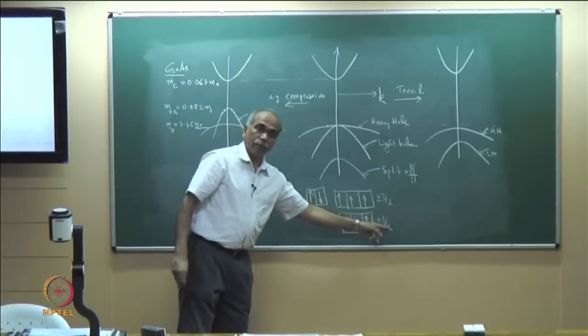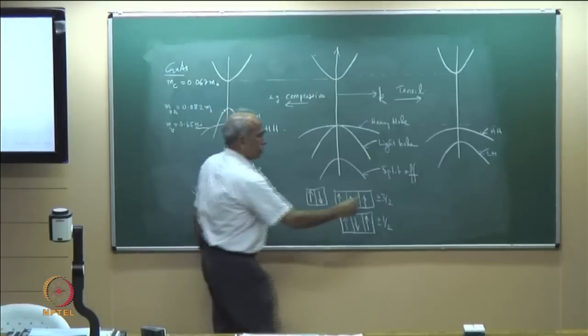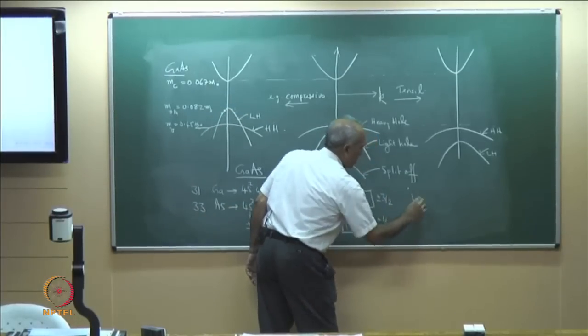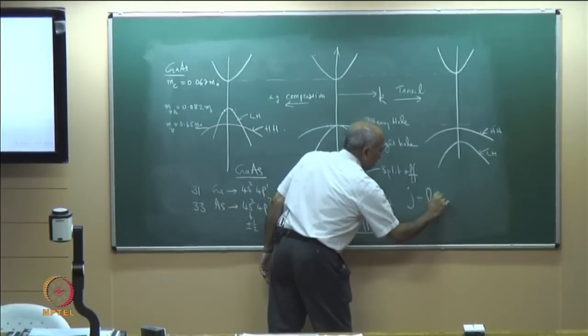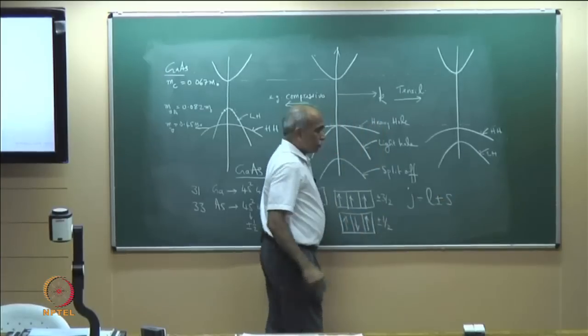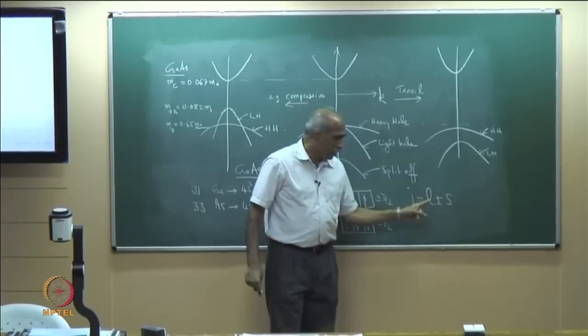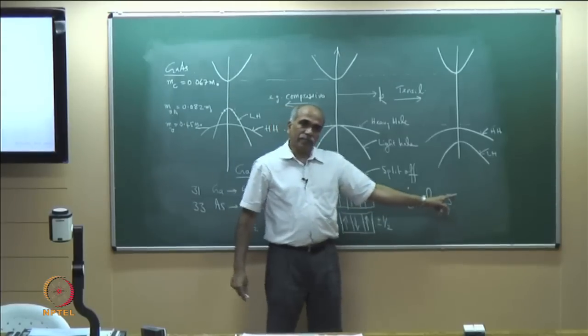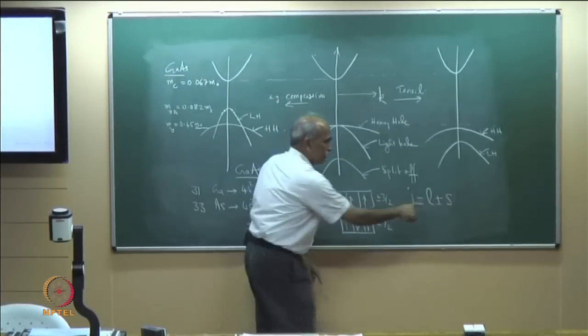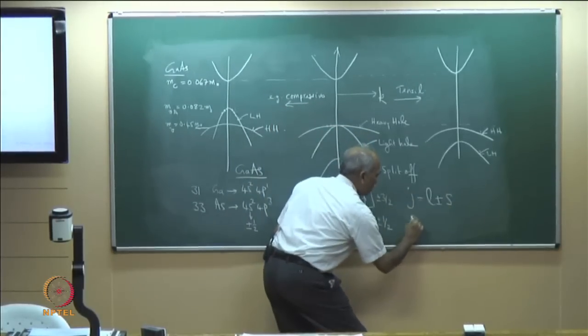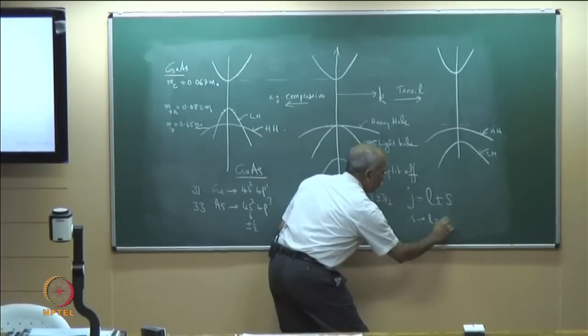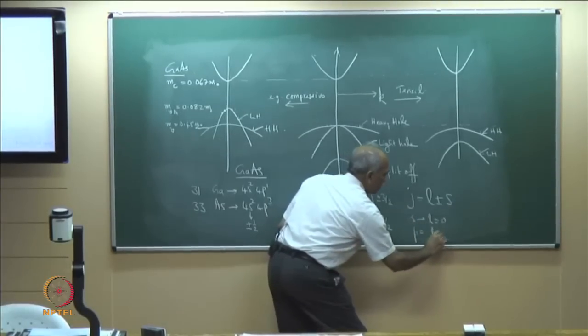This is the total spin, and the angular momentum J is given by L plus minus S. This is called LS coupling. L is the orbital quantum number, S is the spin quantum number.